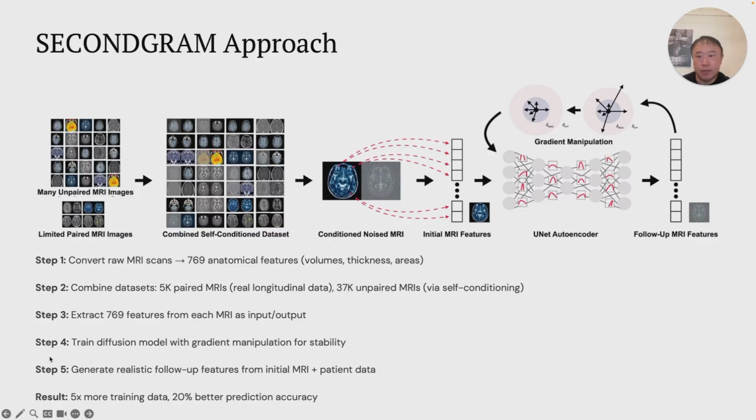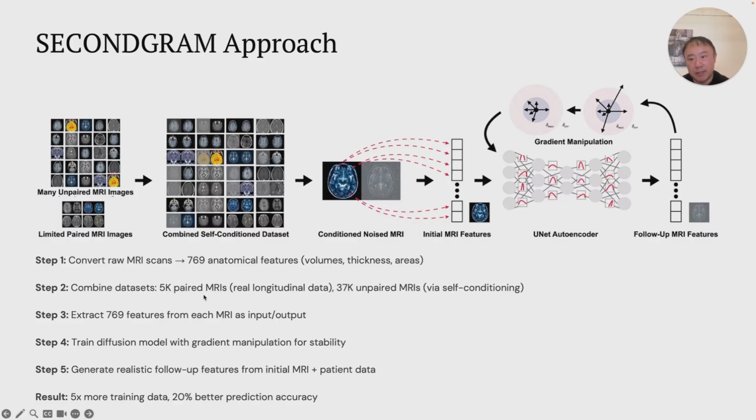So here are the steps. Step one, we convert the raw MRI scan into 769 anatomic features, such as volume, thickness, areas, and so on. Then we use those high-dimensional feature vectors as our dataset and continue the remaining steps.